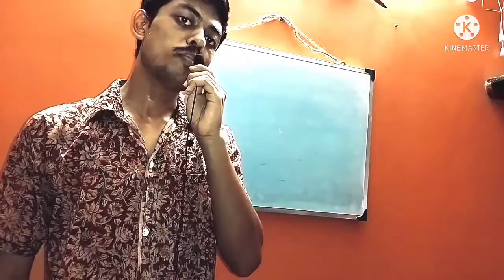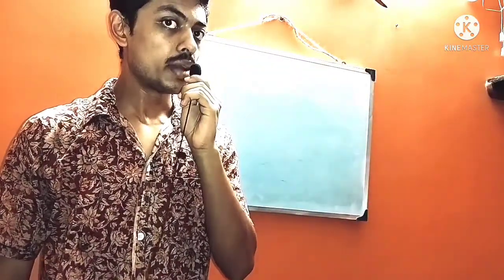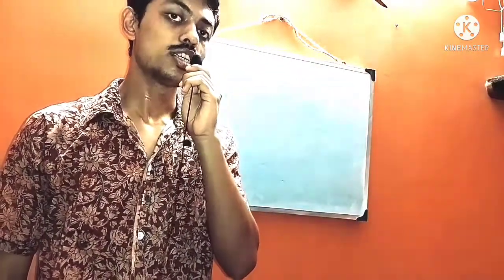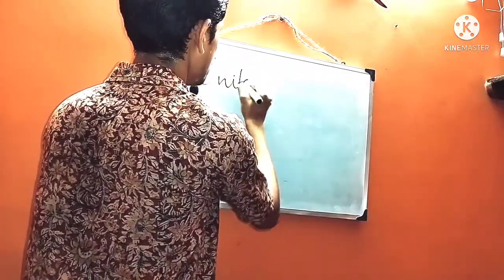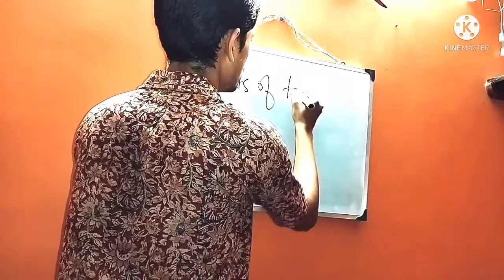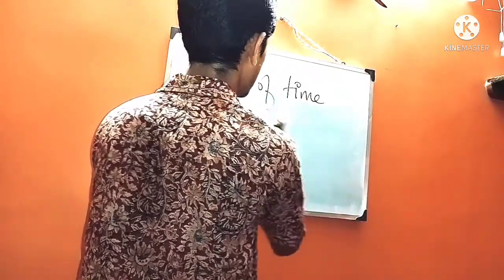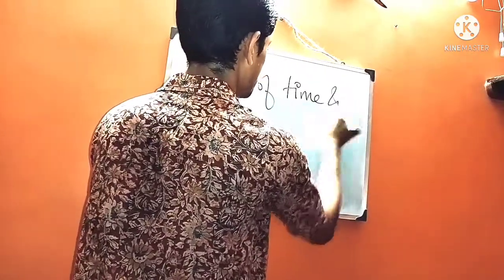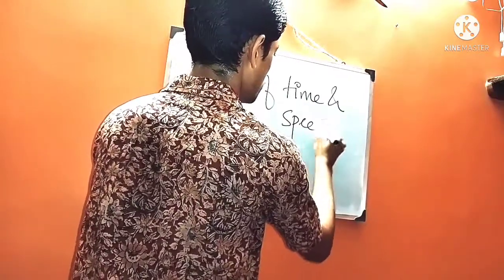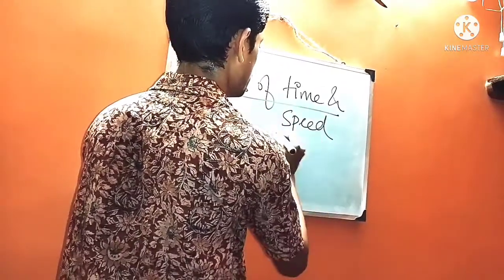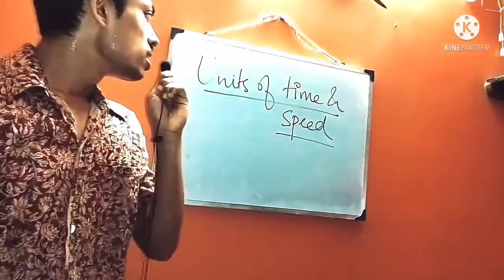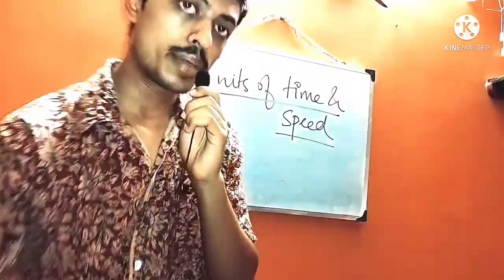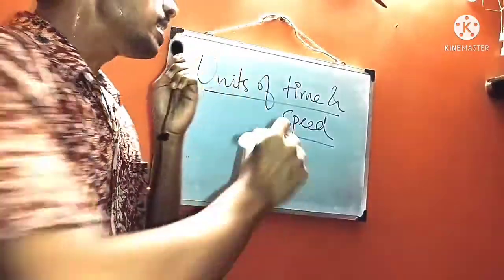Now, how do we measure time and speed in its unit form? The basic unit of time is second.